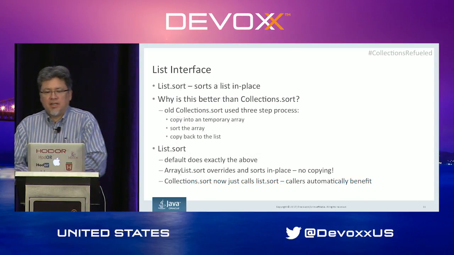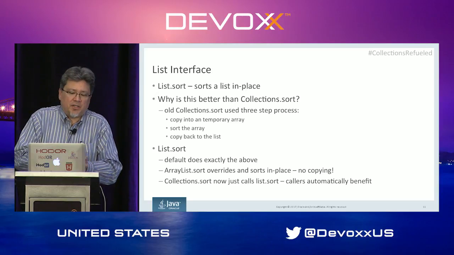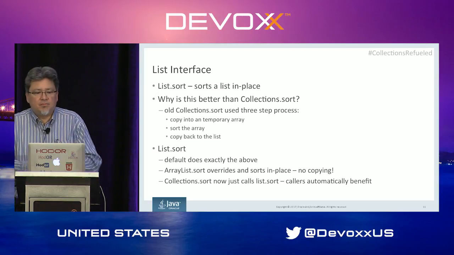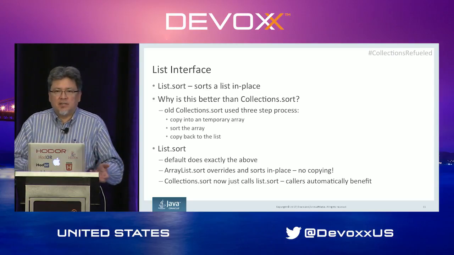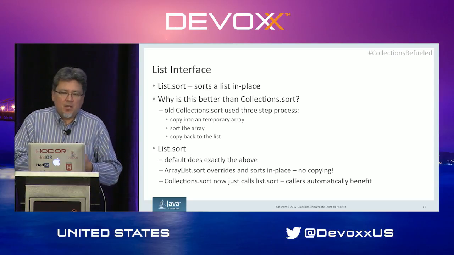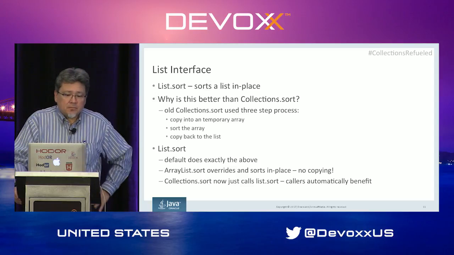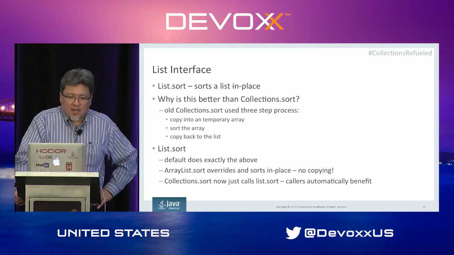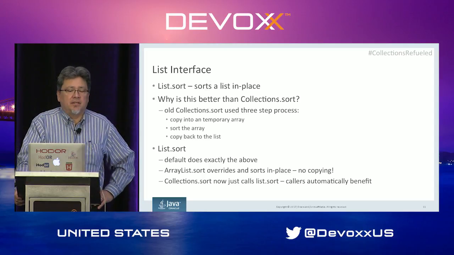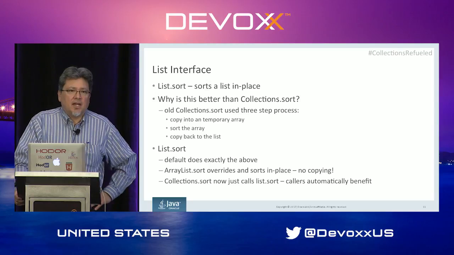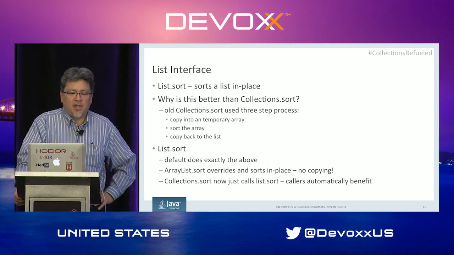All right, so another method that was added to the list interface is sort. Well, big deal. Instead of calling Collections.sort on a list, just call list.sort. What does that buy you? Well, a couple things. The Collections.sort method had to operate on a list of any implementation of list.